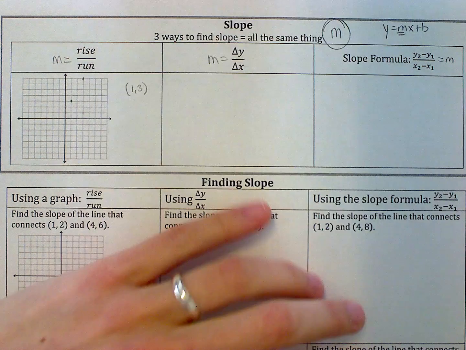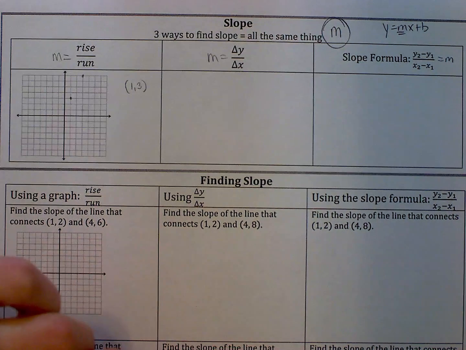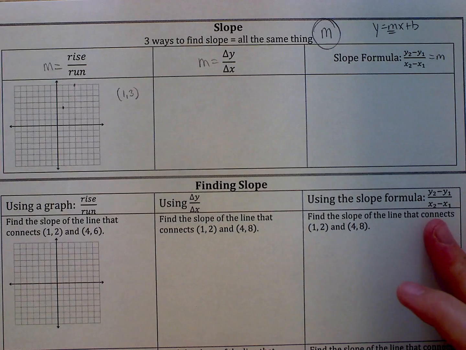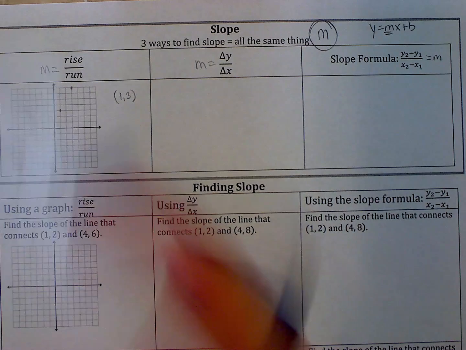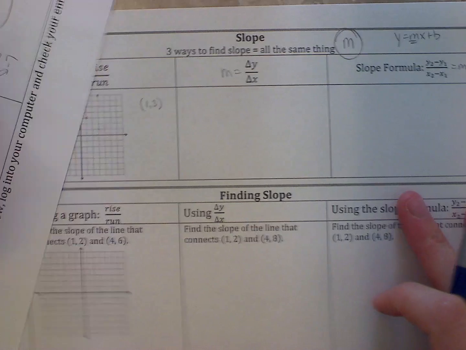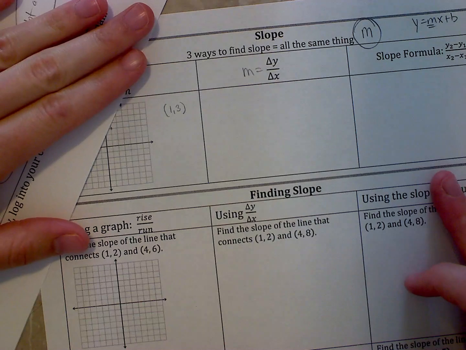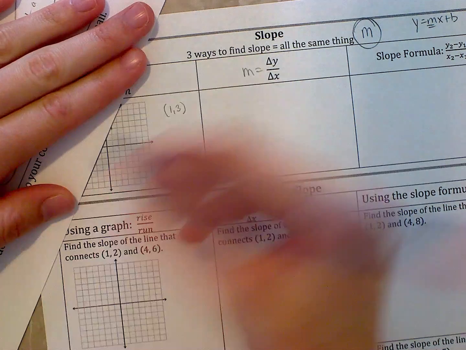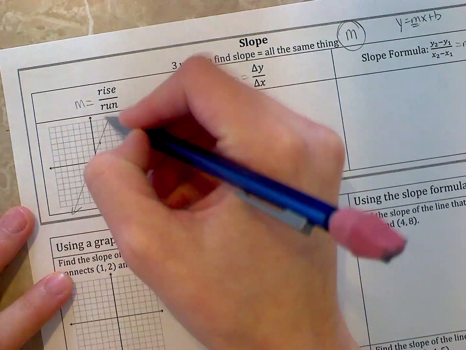Right, so let's say we have this line, (1, 3) and (3, 7). And I'm going to draw a line here. I'm just going to use the edge of my donut because I have nothing to draw it with. Okay, so here's the line. And I want the slope of this line.